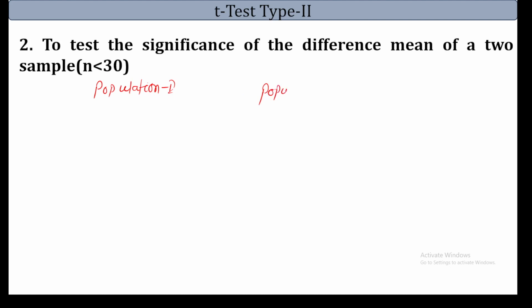For these we will have mu1 with x1 and mu2 with x2. Again n1 less than 30, or combined n1 plus n2 should be less than 30 only.